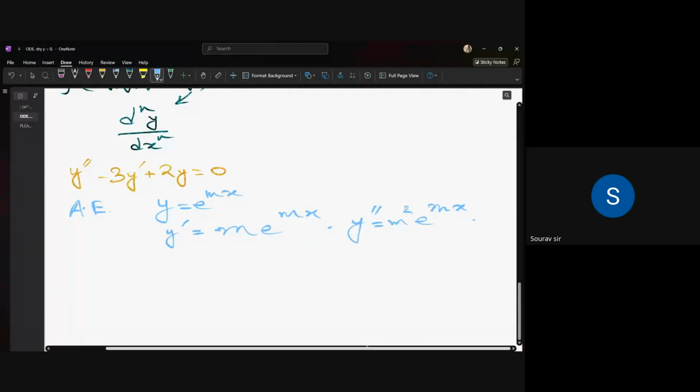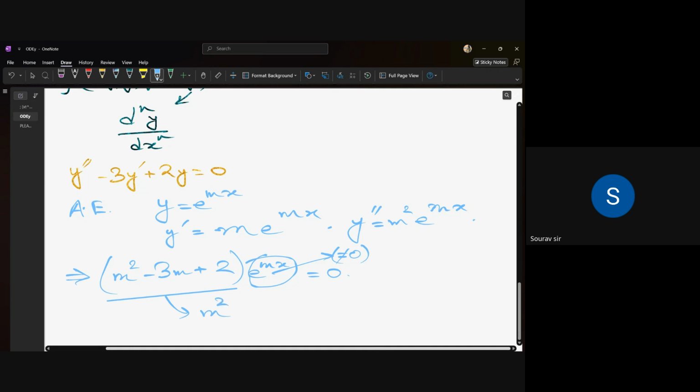So after that, what can we do? From this, we will have m square minus 3m plus 2, into e to the power mx, that is equal to 0. Okay, so we know that e to the power mx can never be 0. So this part has to be 0. Okay, so if this part is equal to 0, we can use middle term factorization.